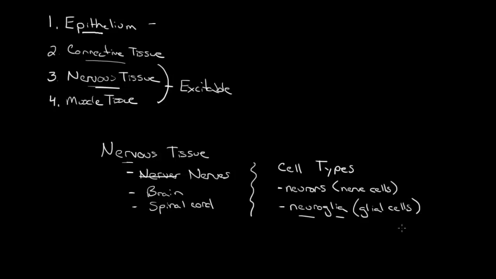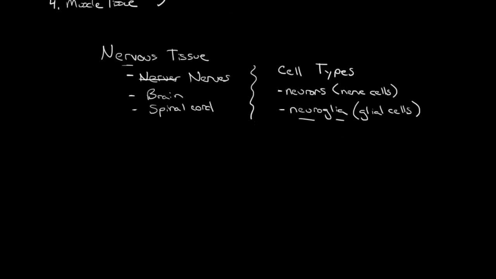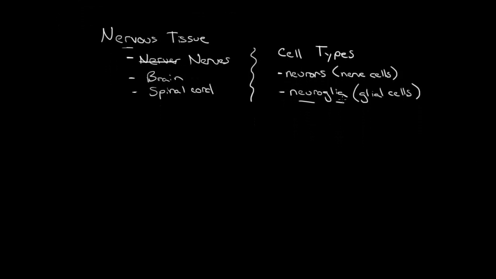Now, when we start talking about the nervous system in a couple of weeks, we are going to be able to spend lots of time describing those different types of supporting cells. But for now, we'll just make a little statement that these support neurons. They do things like make sure that neurons have enough nutrients, and they keep harmful substances away from neurons.